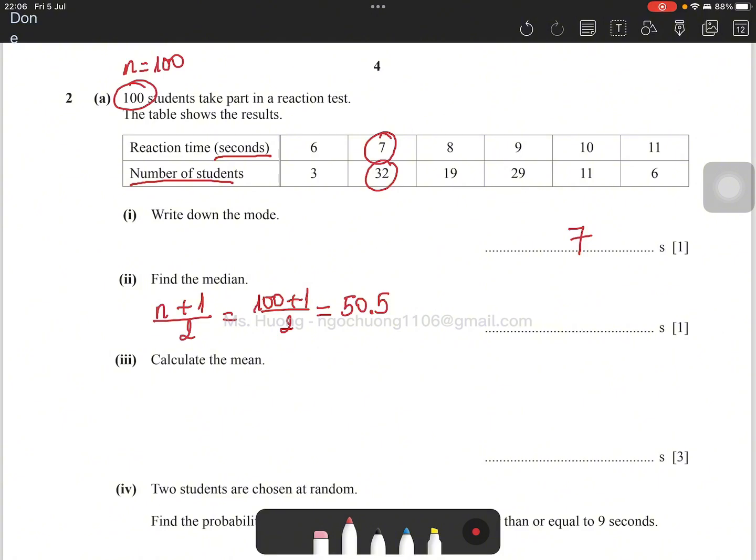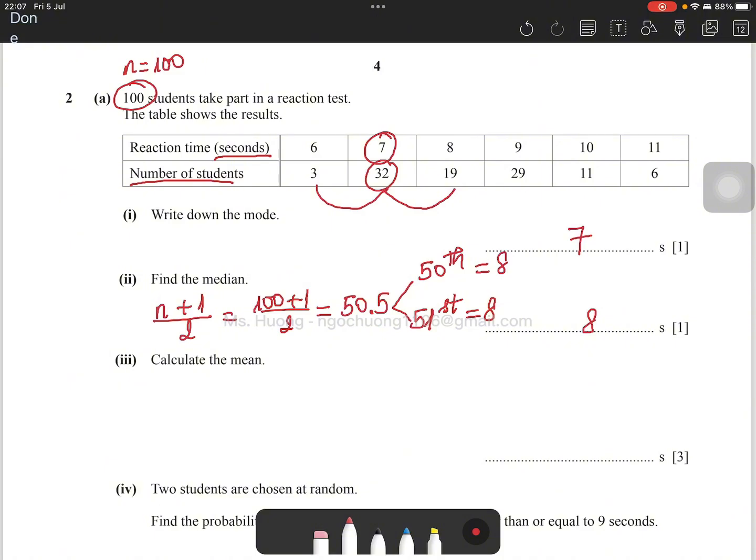So this median is the middle value of the 50th and the 51st value. So we just count on: 3 plus 32 is 35. 35 plus 19 is 54. So the 50th and the 51st value are both 8 seconds. So the middle value of them will be 8. Then we say that the median is 8 seconds.